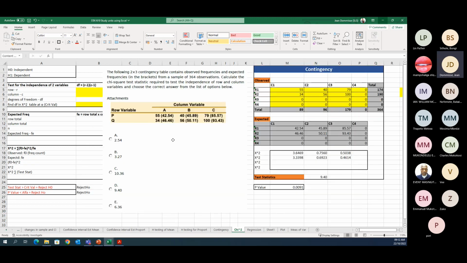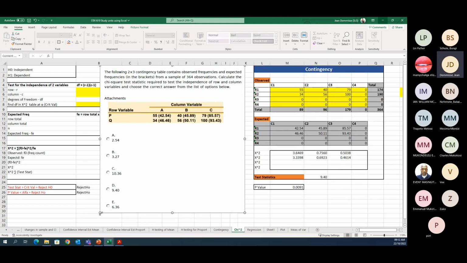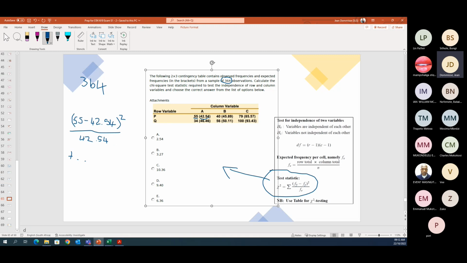So again, please use this. It is option D. I will definitely share this again after the session as well. It just makes one's life very much easier.